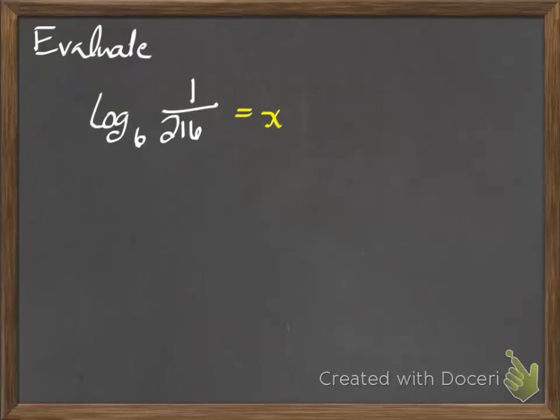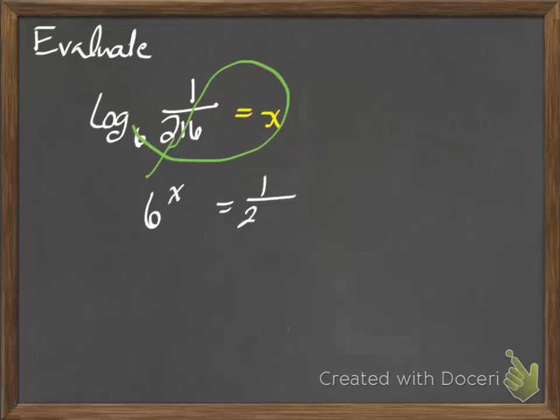Then do my fish. Because I have that 1 over, what do I know my exponent needs to be? Negative. 6 to the x is equal to 1 over 216. You're going to take this 216, and that's what you're going to focus on to figure out how many times 6 will divide into that.